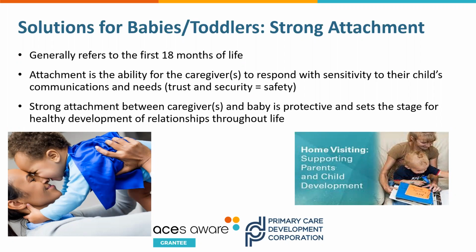And that really will require working with the caregiver, right, and the baby or the toddler. But what happens is, when there's a stronger attachment, it really sets up protective factors for all other stages of development for children. And then eventually, right, we see that positive impact as adults. Next slide, please.